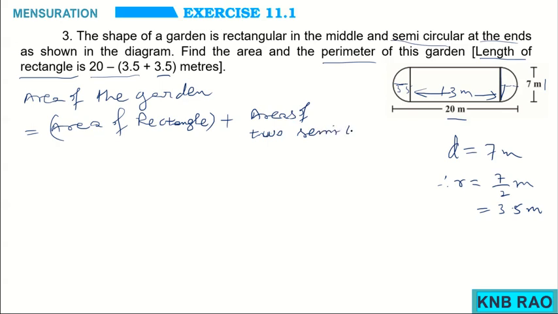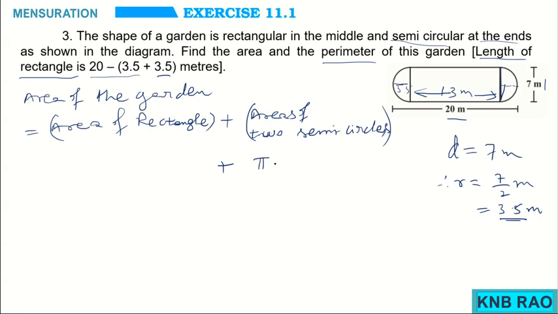The areas of two semicircles put together becomes one circle, because their radius is the same. So the area of two semicircles becomes the area of one circle.